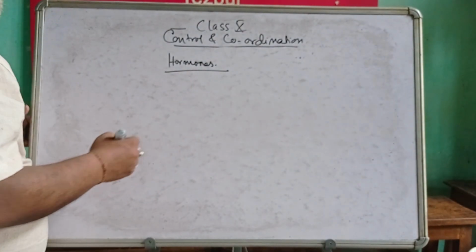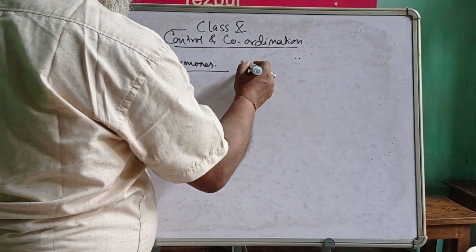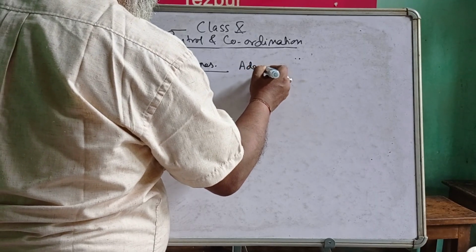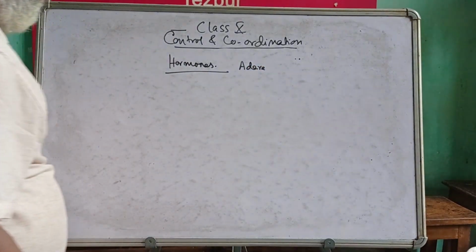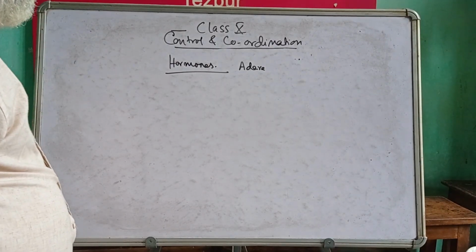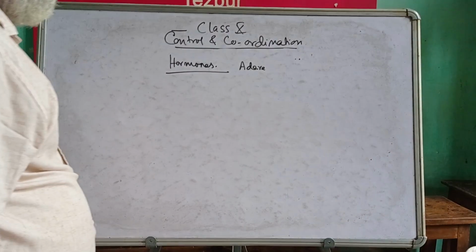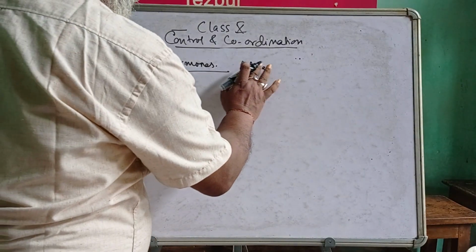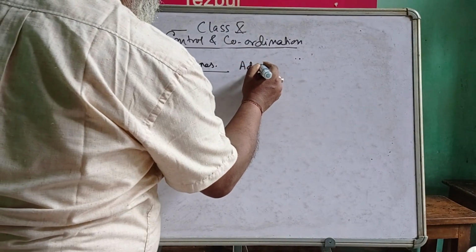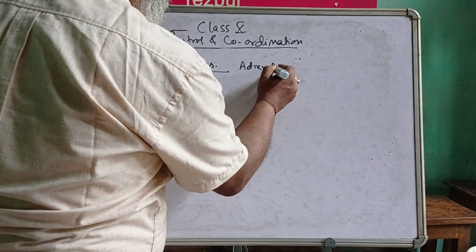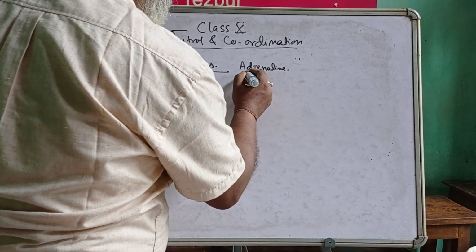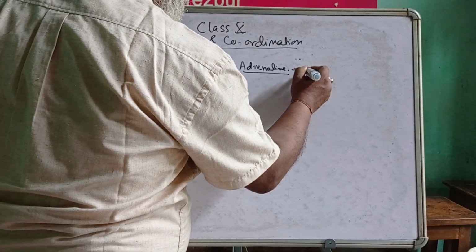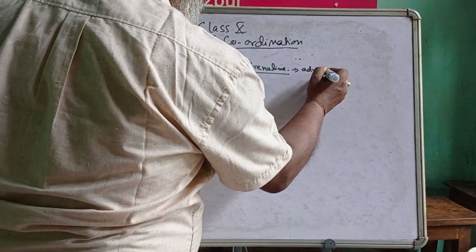Let us take an example: adrenaline. This adrenaline hormone is secreted from the adrenal gland.